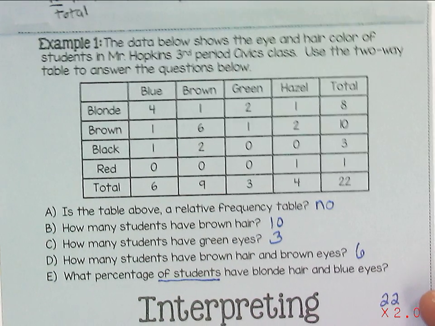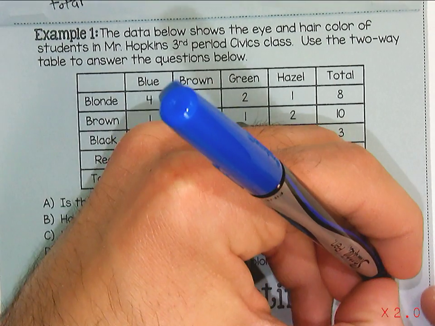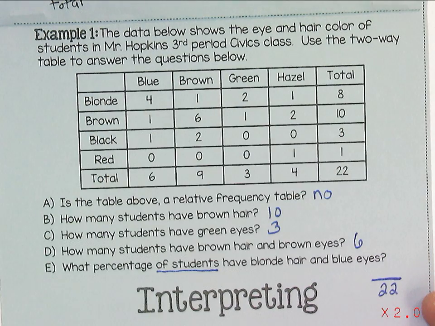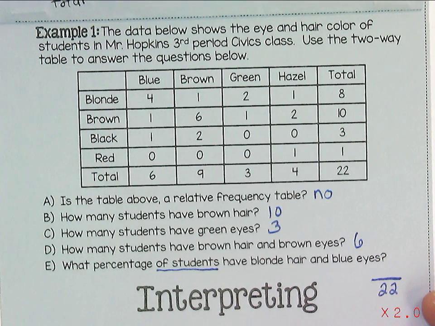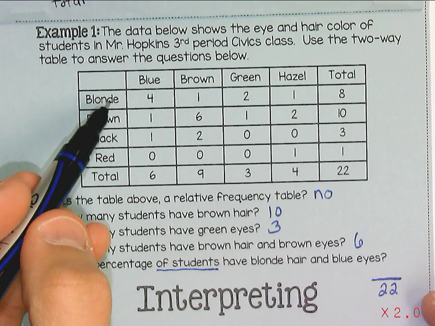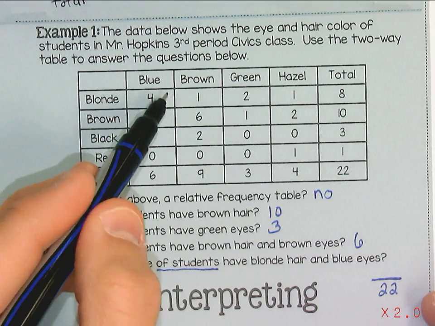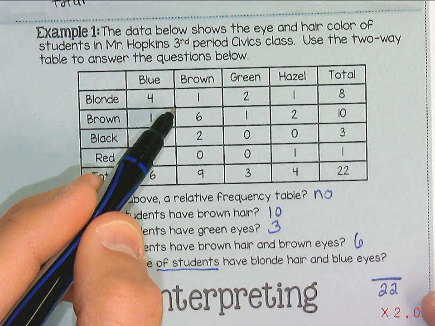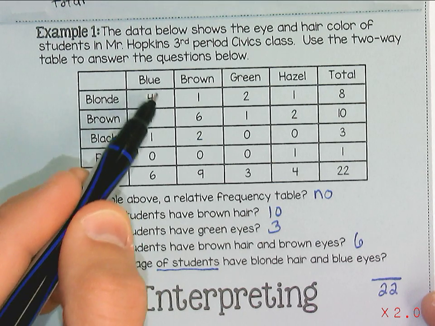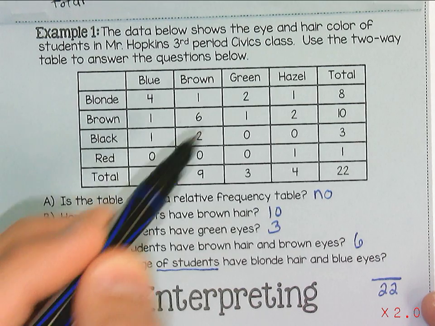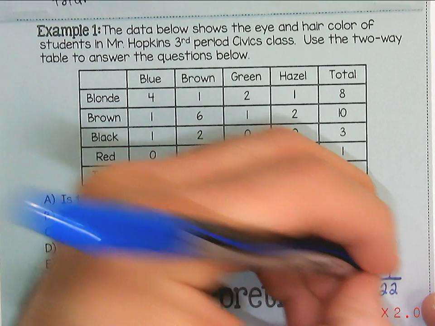So we're looking at the total number of students. So that's our denominator. And now we need to see how many students have blonde hair and blue eyes. Blonde hair, blue eyes would be 4. So this is a joint frequency. So we're taking a number that's in the middle of the data. So that's 4 out of 22.